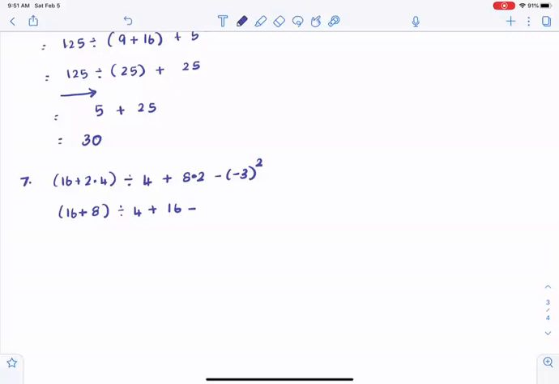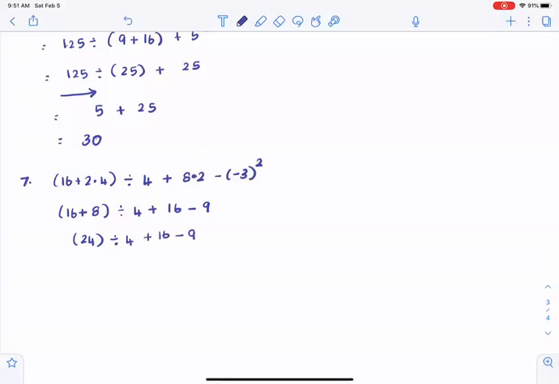You get positive, you simply have 3 squared, which is 9. 24, take care of the addition inside, divided by 4, plus 16, minus 9.